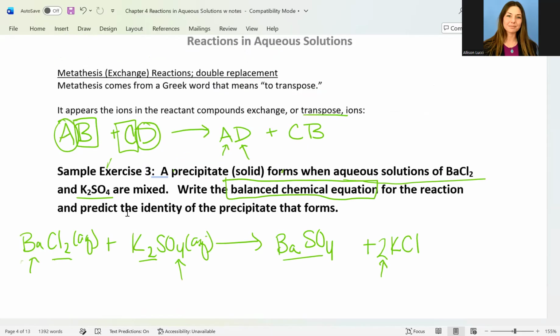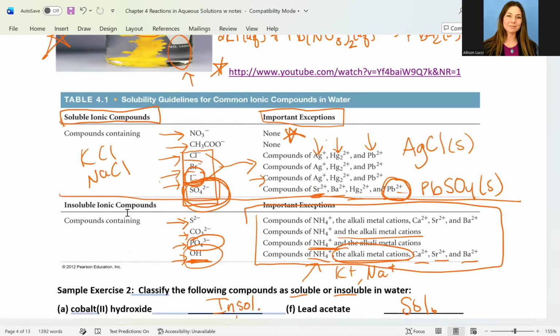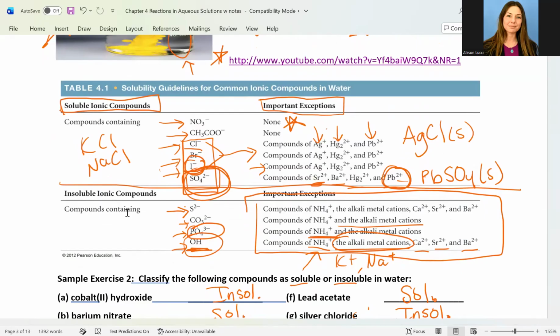Now let's go up to that table from the previous video that we used here, and I'll try to write over the markings from before. Notice that barium, oh, down here, barium is one of those exceptions for hydroxide. Oh, it's actually up here that I'm looking for my exception, because I don't want an insoluble exception. I want to know if I'm going to get a precipitate.